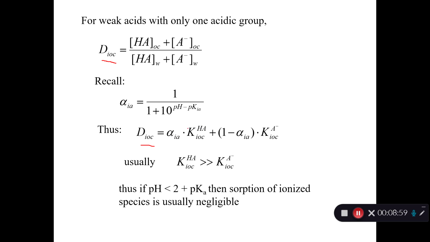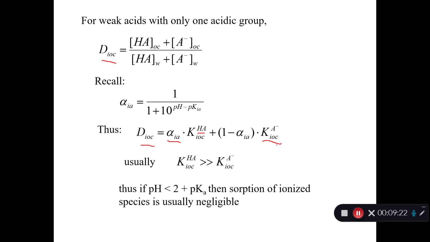We'd have an equilibrium constant for the HA form. And that's probably what you're going to look up in a textbook, the equilibrium constant, the KOC value for the neutral form. We could multiply that by alpha, which is the fraction of the chemical that's in the neutral form. And then we might, maybe under some circumstances, be able to look up an equilibrium constant for sorption of the anion to organic carbon.